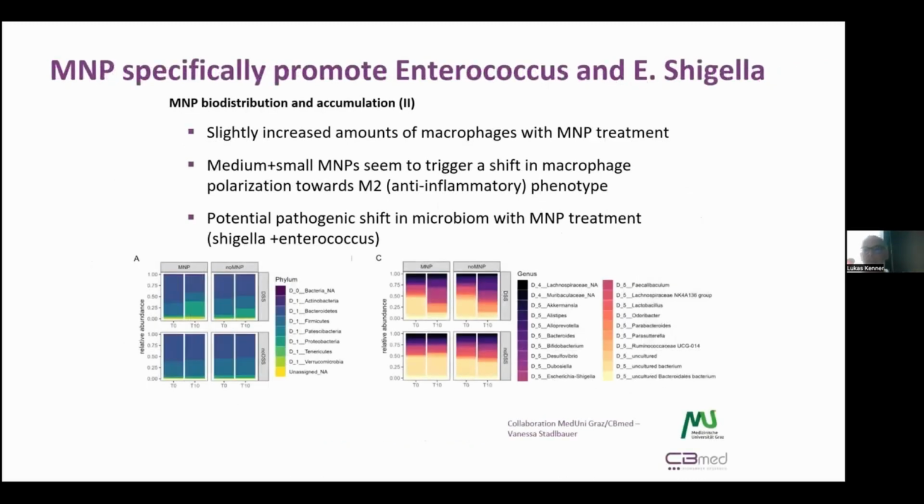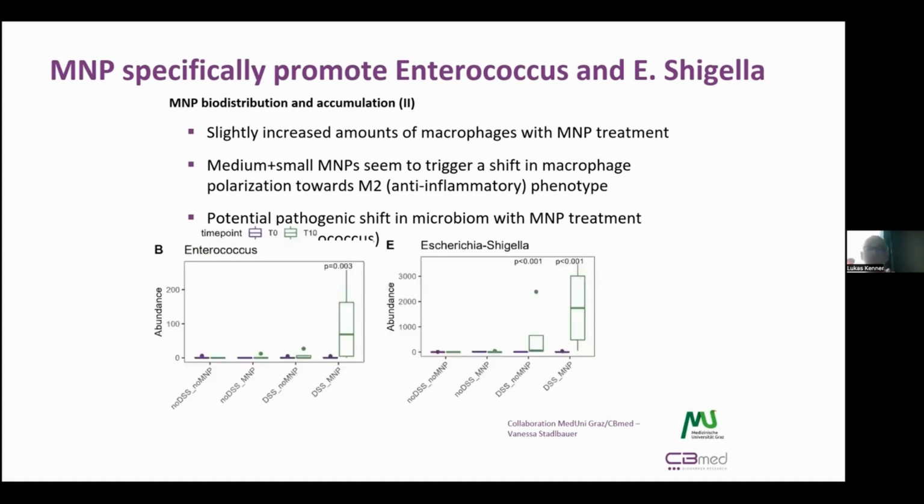What was interesting is that when we look at the different microbiome compartments by 16S rRNA sequencing, we found a promotion or proliferation of the Enterococcus and Shigella strains, which are pathogenic strains, and these are specifically increased in the disease model with micronanoplastic particles.